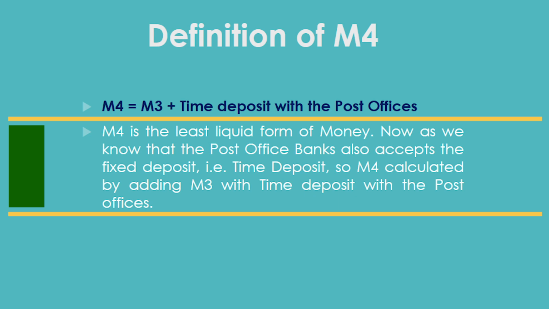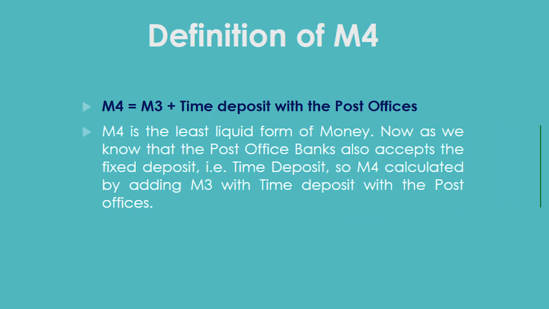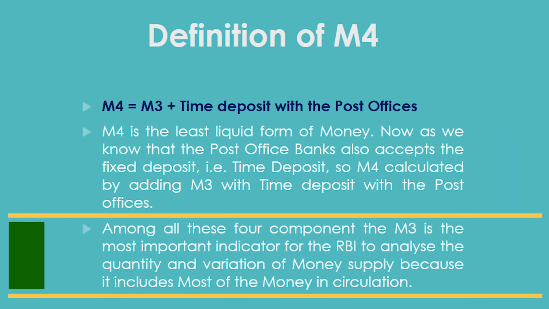But now here in M4, we add M3 along with the time deposit with post offices. So M4 is the least liquid form of money. Now, as we know that post office banks also accept fixed deposit, that is time deposit. So M4 is calculated by adding M3 with the time deposit of post offices.